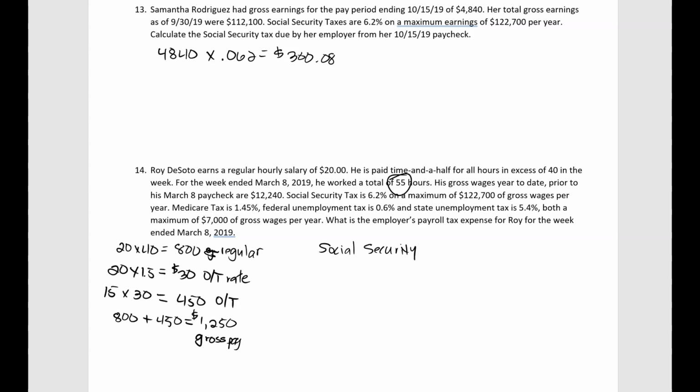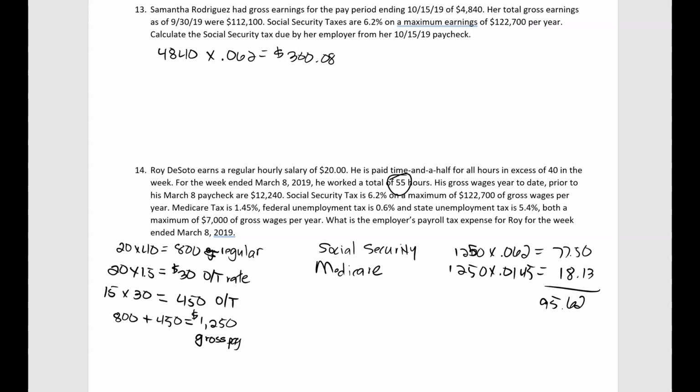Social Security will be the $1,200 times 0.062, and then Medicare is $1,250 times 0.0145. This will be the payroll tax expense.